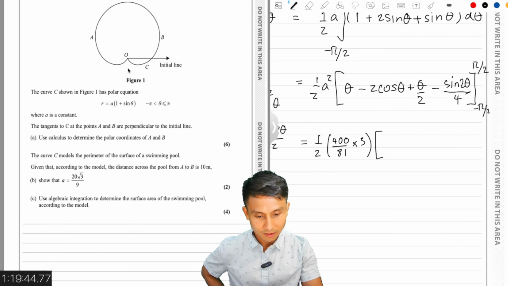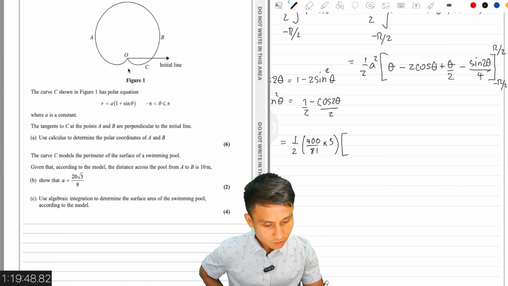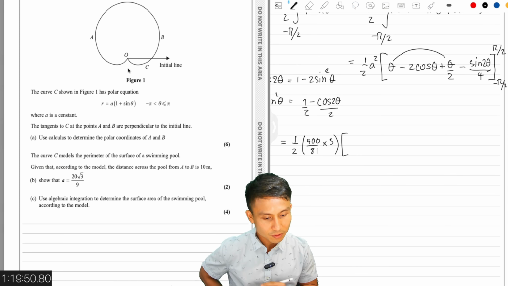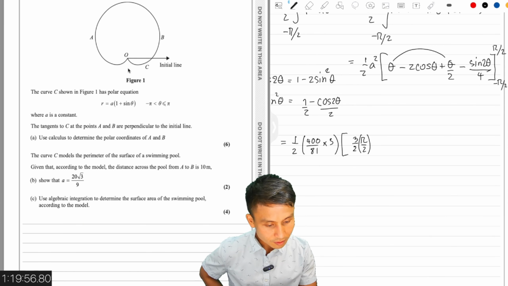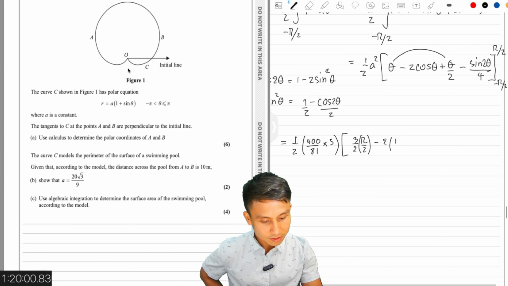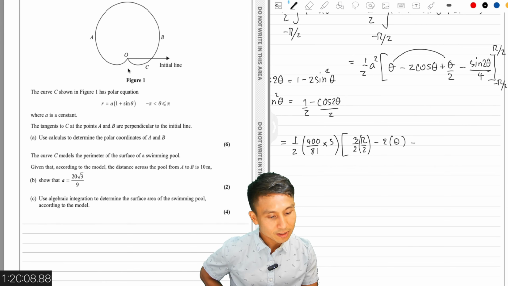So, okay, I'm just going to move this here. This can simplify to 3 over 2 theta, I mean pi over 2, minus 2 cos pi over 2. Cos pi over 2 is 0. All right. And then sine 2 theta, which is sine pi there, if you substitute in, you're going to get 0 as well.